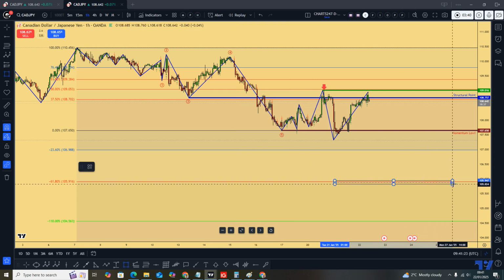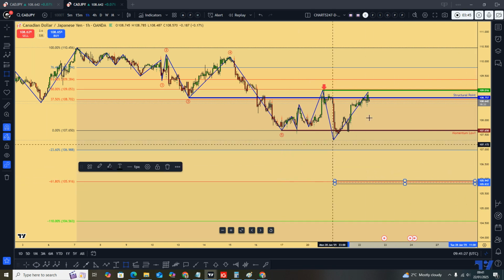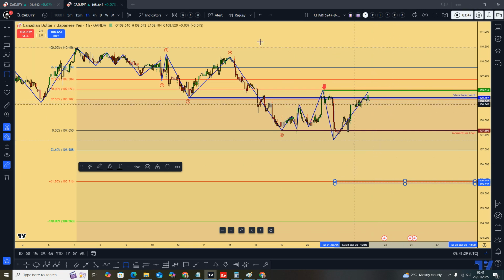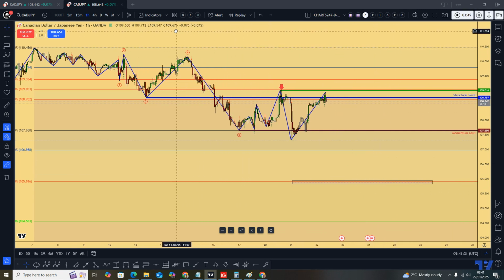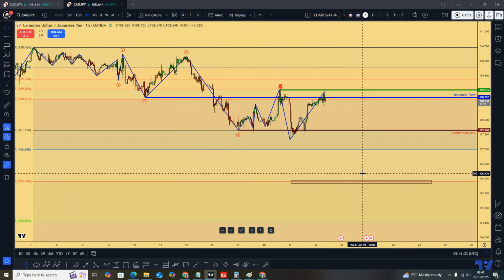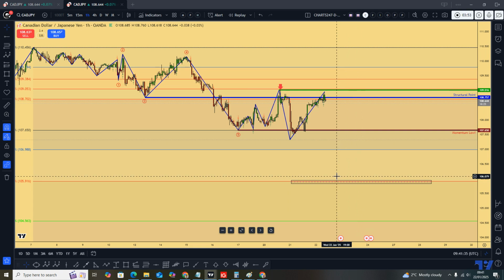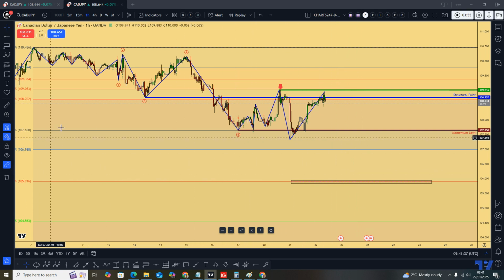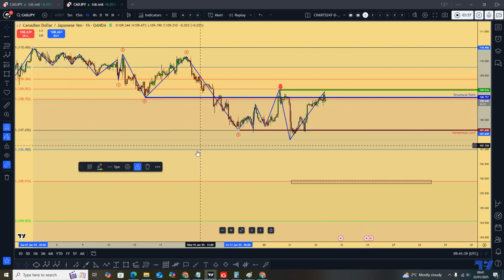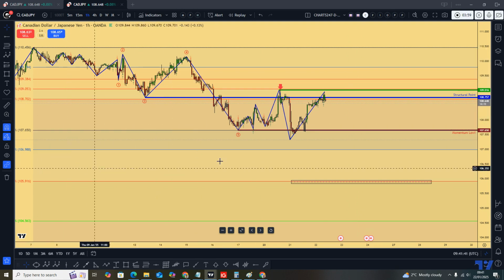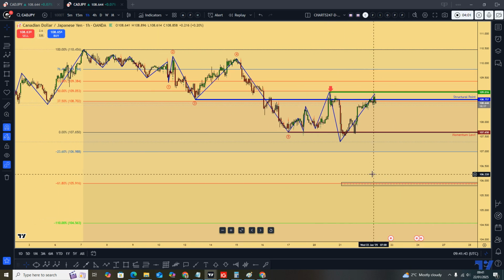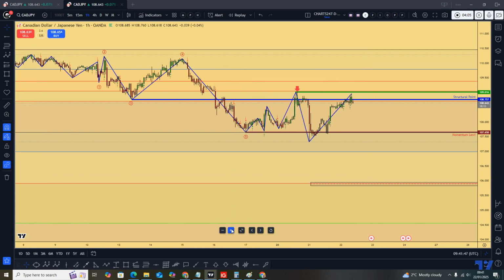This area here will be broken one way or the other as long as the price stays below here. When it will happen, we don't know, but that is the picture in front of us. This is the way we like to look at the market. That's just a simple analysis for this morning, the 22nd of January 2025.